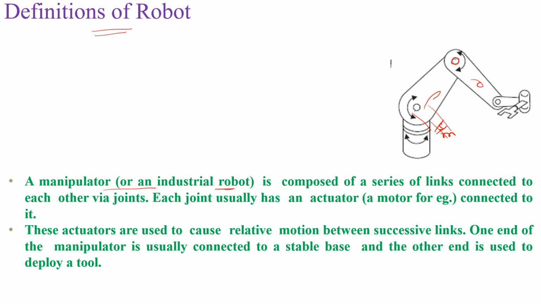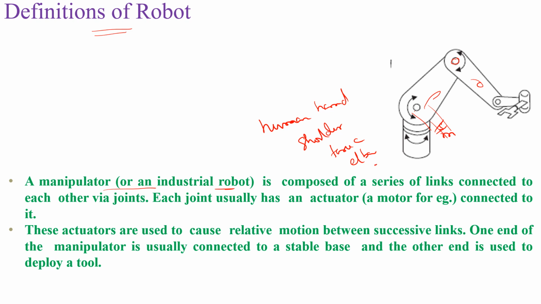So this is the definition of a robot. It consists of a series of links, and the links are connected by joints, and in each joint you have a sensor, an actuator, and a gear arrangement. For example, in our human hand, the base joint is the shoulder joint, then our forearm, then you have the elbow, then the next arm, and the wrist.